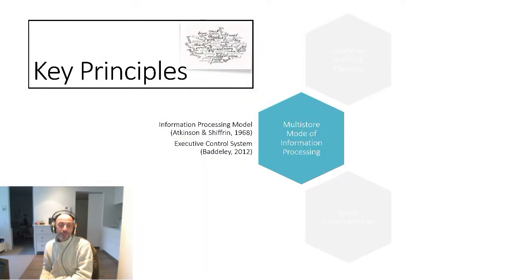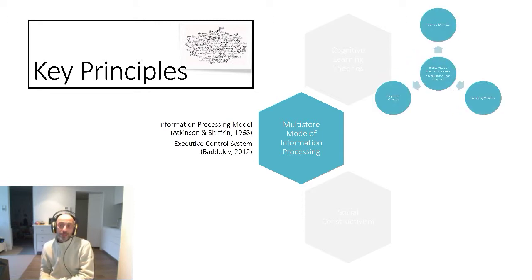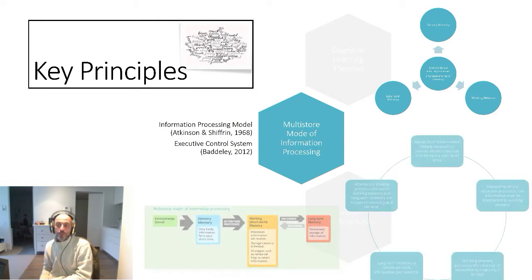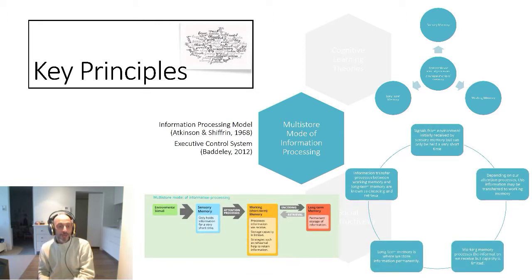So the second concept is really the multi-store model of information processing, which is how we remember information. The first bit of that is really it represents our mental processes. So there are 3 compartments of memory. There's sensory memory, working memory, and long-term memory, and each of these interacts with each other. So environmental stimuli go to the sensory memory.